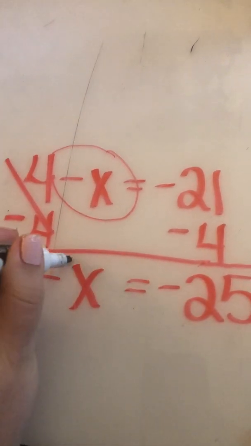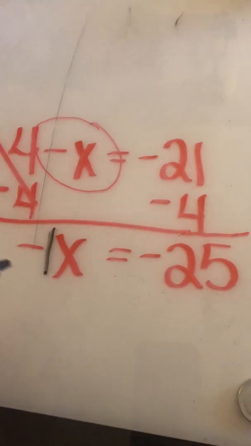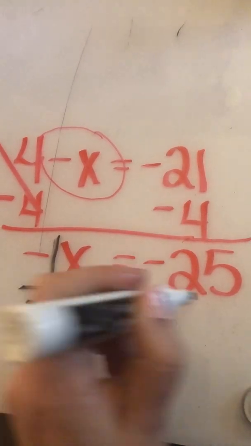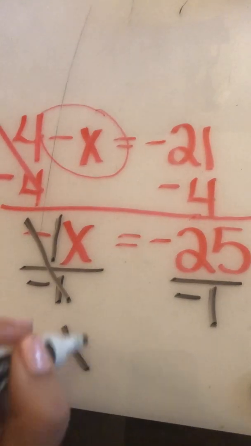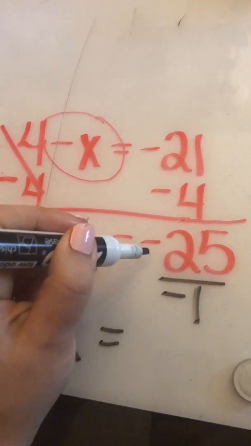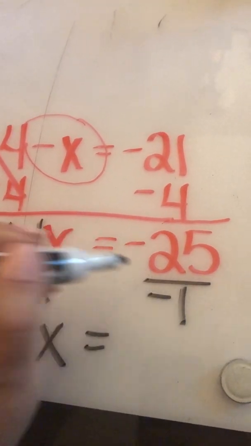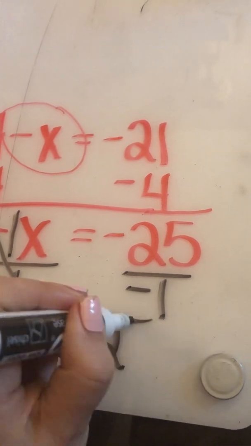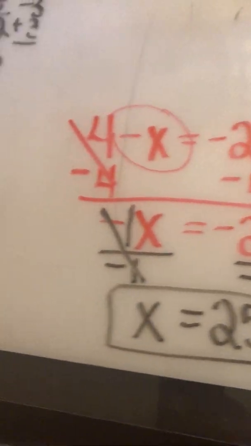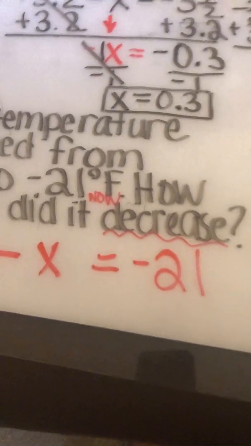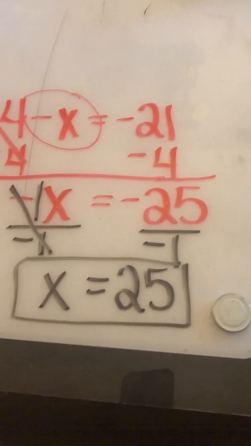And we know in front of x there's a 1. So we're going to now divide both sides by negative 1, so that now our x is positive, and negative divided by a negative, 25 divided by 1 will give us a positive 25. So the answer to this question is the temperature decreased 25 degrees.